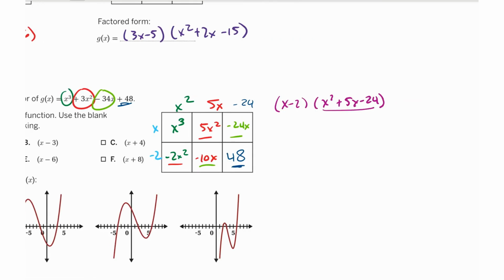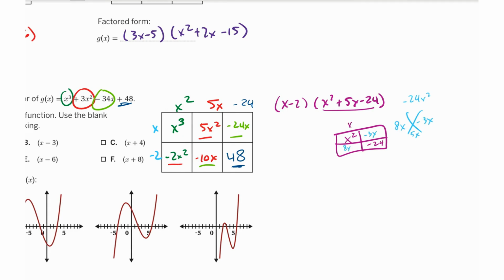Again, I could do division if I wanted to, but what I'm really going to be doing is factoring with my diamond and box. First term, first box, last term, last box. 5x needs to be split up into something that multiplies to negative 24x squared, which would be 8x and negative 3x.